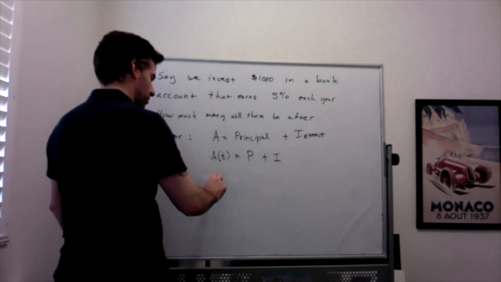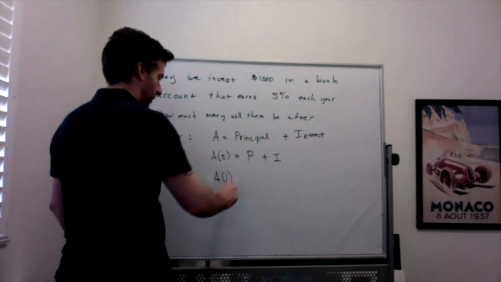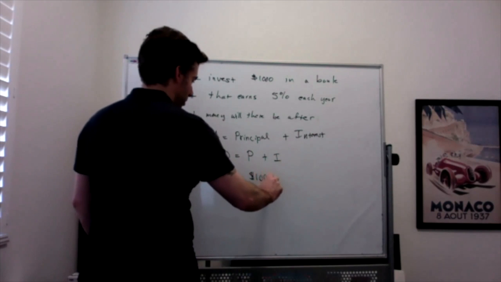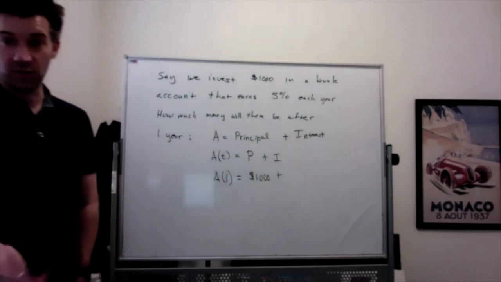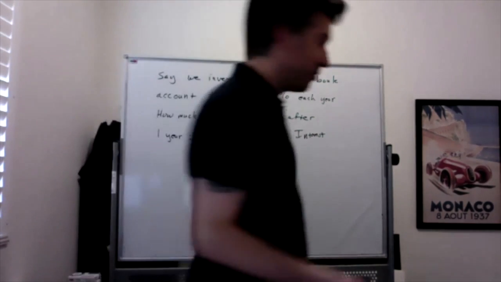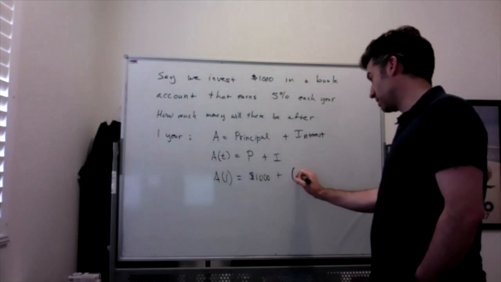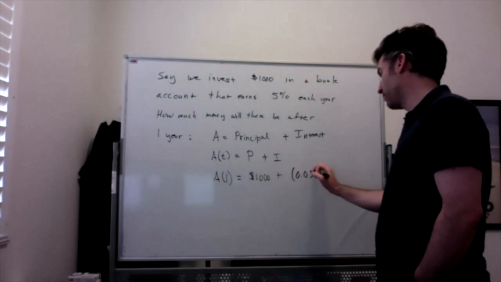In this part, the amount after 1 year is going to be the $1,000 we start with, plus the 5% interest we earned. So how do we calculate 5% of $1,000? We multiply $1,000 by 0.05.